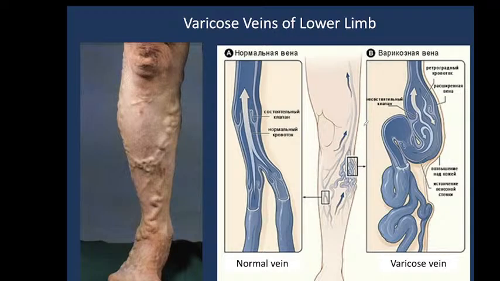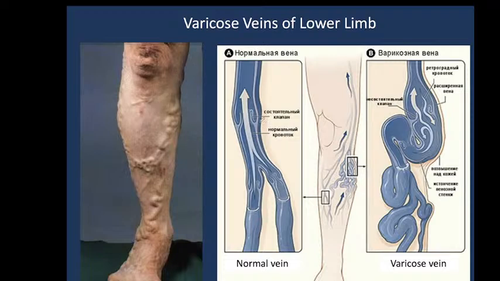The interesting symptom we can observe in some patients is with people who have to stand for a long time, like surgeons and operators.